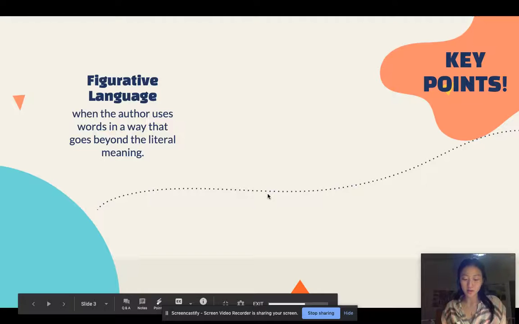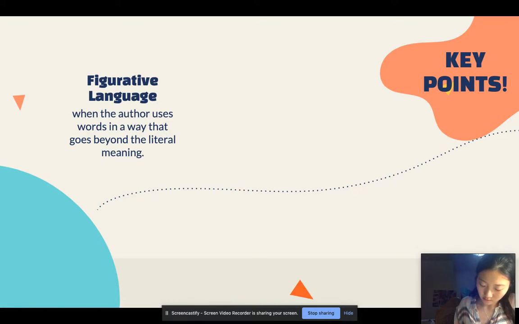All right. Under the definitions, you're going to write key points. So now we've moved on to our key points. I'm going to underline that. Our first key point is figurative language. So please write that down. Okay, and figurative language is when the author uses words in a way that goes beyond the literal meaning.